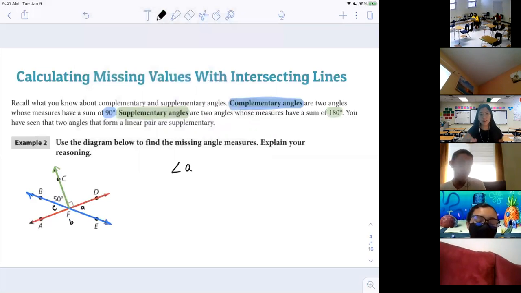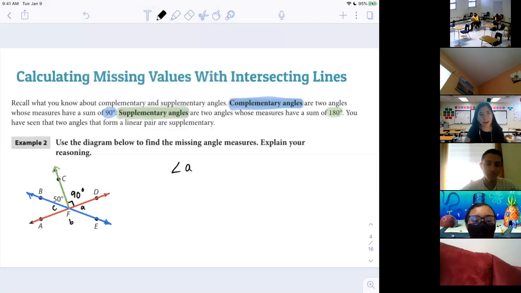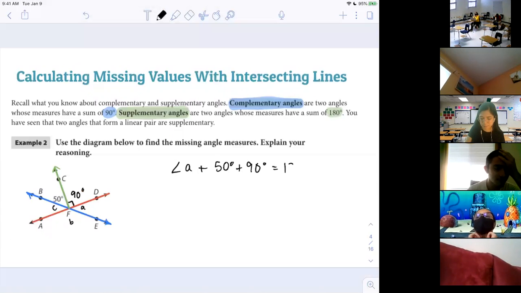Maybe do 180, since it's 180, and it gives us 50, and we know the other one is 90. 90 plus 50 and then do 180 minus 140. Yeah. Good. Jalen also had the same idea. He sent it to me in the chat. But basically, since all these three angles are along the blue line, you know that angle A plus 50 degrees plus 90 degrees all has to add up to 180 because they're all on that same line.